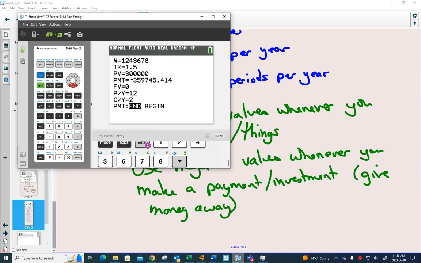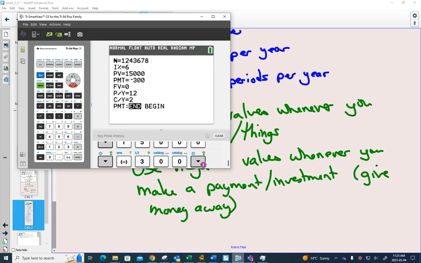But we do know that the interest rate was 6%. They gave us the car that was valued at $15,000, so that is going to be positive. But we are making payments of $300. That will be negative. The future value, we don't want to owe them any more money. The future value will be 0.